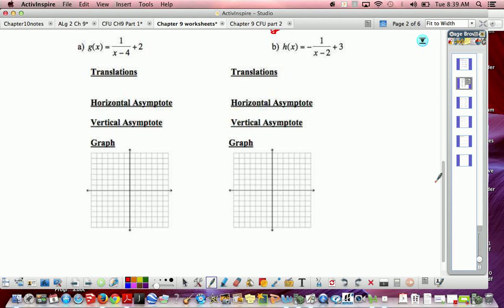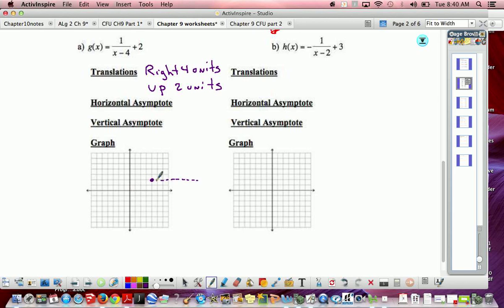So on this one I want to talk about the translations. For this one here, a -4 means we're going to go right 4 units and up 2 units. So I'm going to start here. It says right 4, 1, 2, 3, 4, up 2.